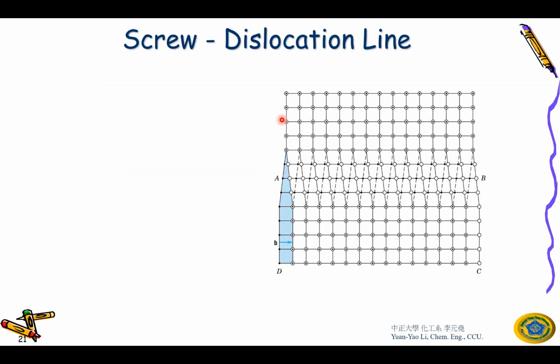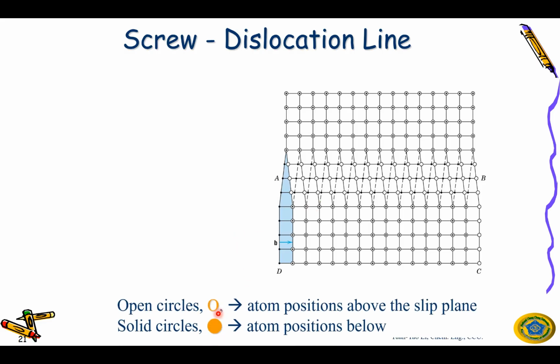If we look at this two-dimensionally, the empty circle, or open circle, is the atom's position above the slip plane, and the solid circle is below.